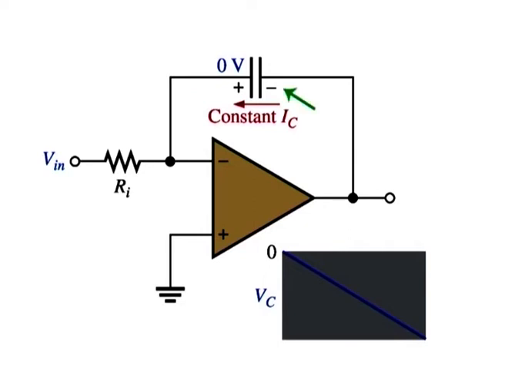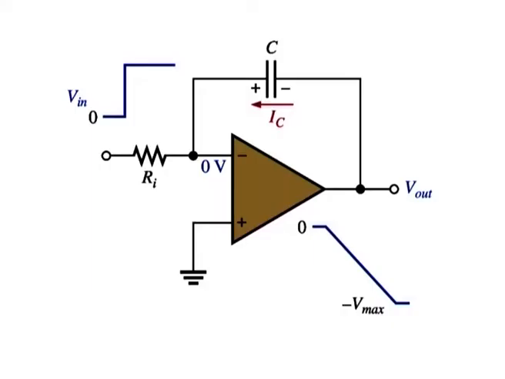The voltage on the negative side of the capacitor, which is the op-amp output voltage, decreases linearly from 0 as the capacitor charges. The voltage Vc is called a negative ramp and is the consequence of a constant positive input.